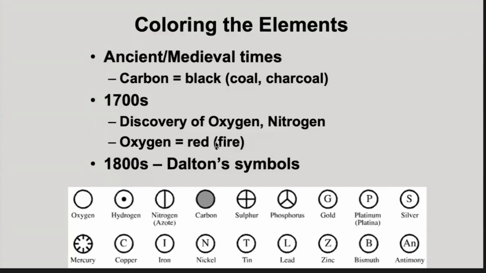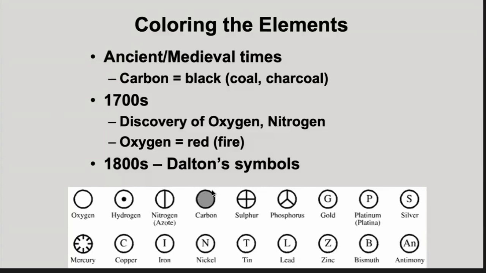In the early 1800s, this is when John Dalton proposed the theory of the atom. He published his first article on the atom in 1805. Now, back then, there was no color printing. And so when you published a scholarly article, like Dalton's article in 1805, he needed some way of representing these things that he called atoms, but he didn't have any color available. So he used various kinds of black and white symbols to represent the different kinds of elements.